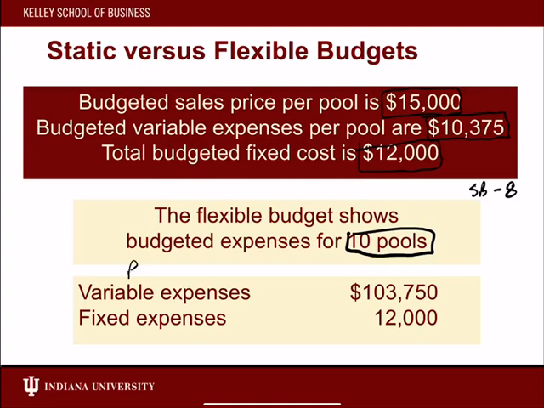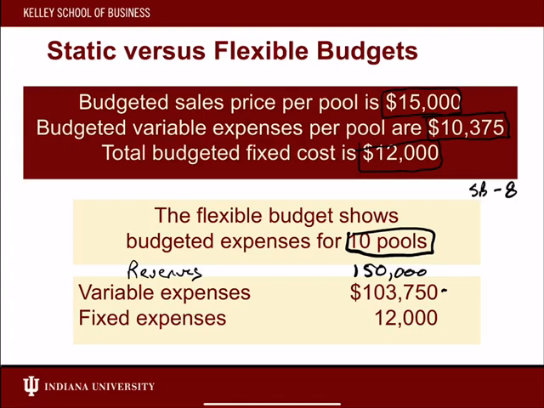So we'd have our revenues, 10 pools at $15,000 per pool. We would expect our revenues to be about $150,000. Our variable expenses, 10 pools at $10,375 per pool, would be about $103,000 to $104,000.